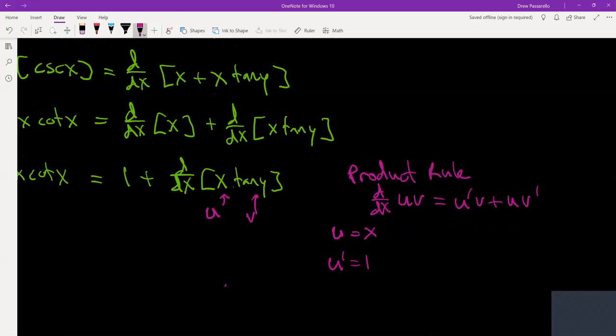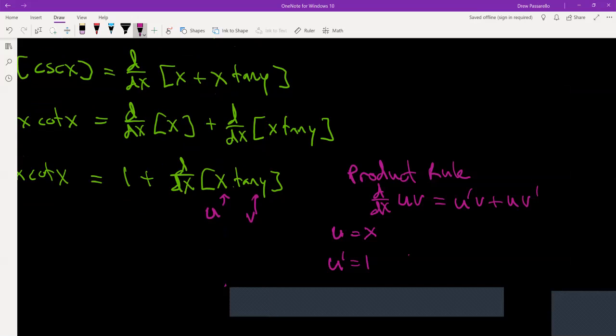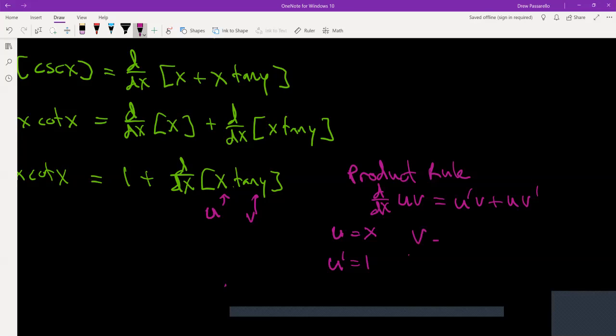And then the derivative for v, so v is tangent. The derivative of tangent is secant squared.